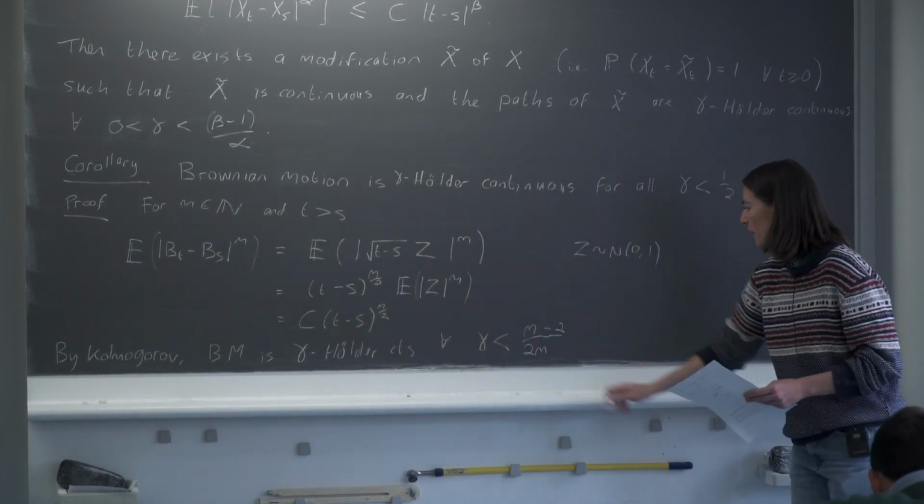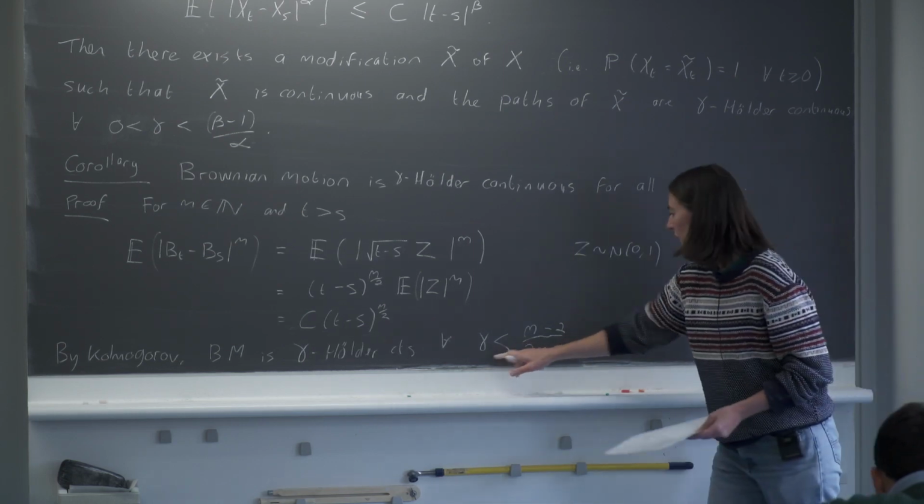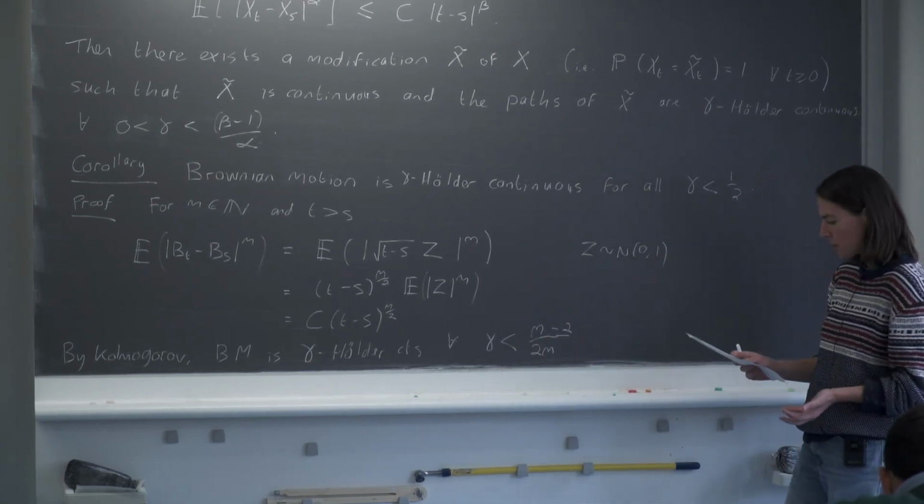So minus 1 over m becomes minus 2 over 2m. So this is true for all gamma strictly less than m minus 2 over 2m.